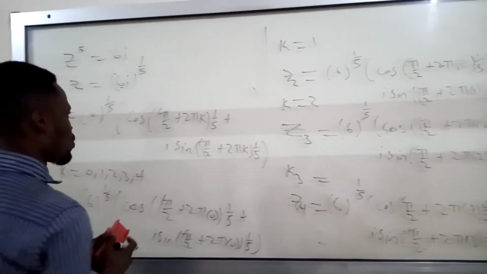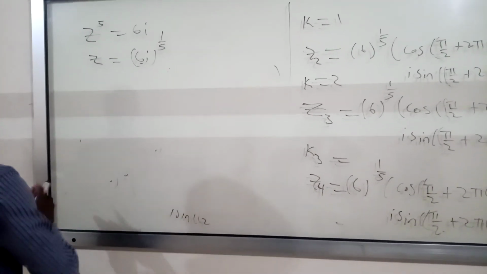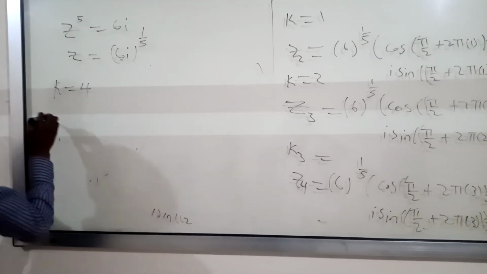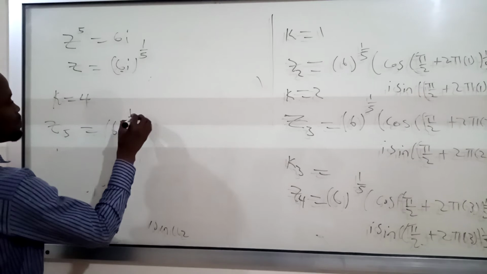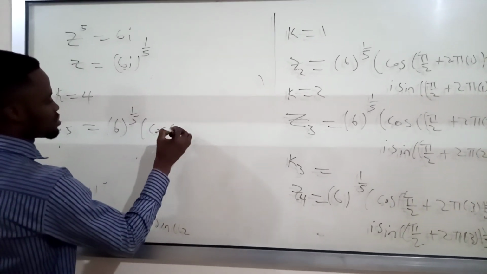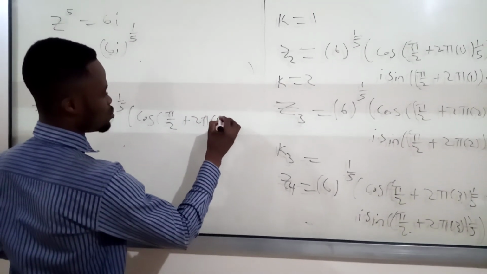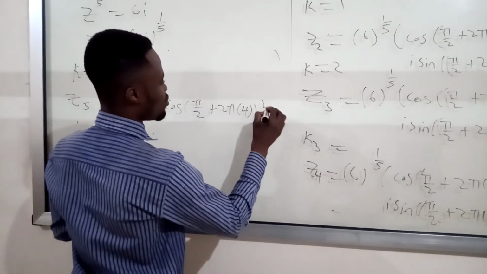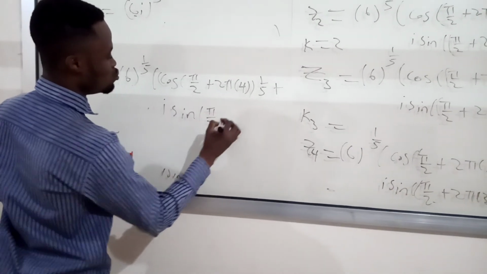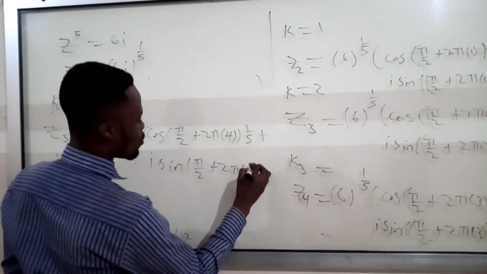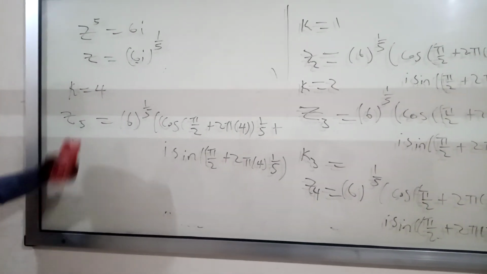That is the second-to-last one. The last one is when k is equal to 4. Then we have Z5, which is equal to 6 raised to the power 1 over 5, cos of pi on 2 plus 2 pi k, where k is 4, so 4 times 1 on 5, plus i sin of pi on 2 plus 2 pi times 4, times 1 on 5.